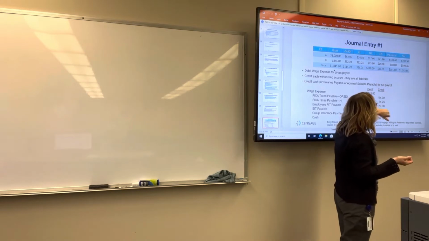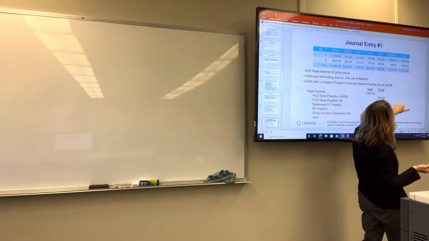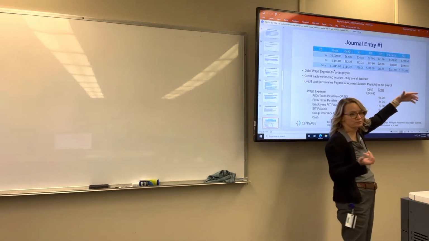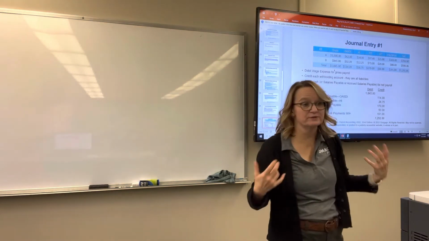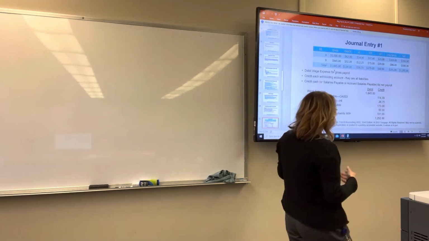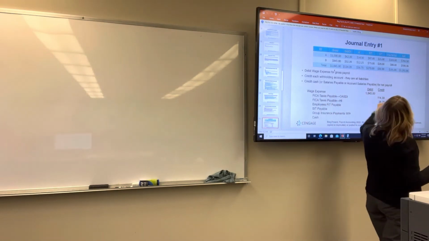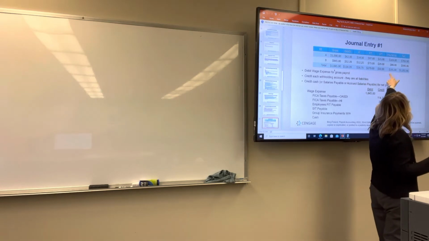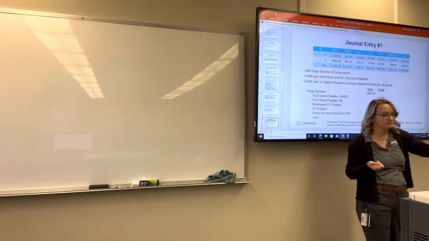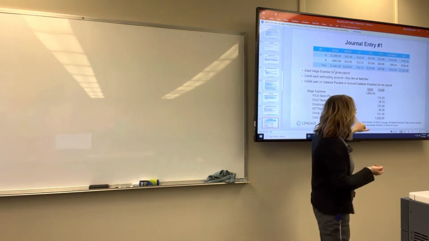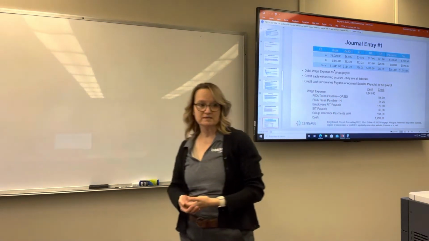Federal income taxes, $170. State income taxes, $50. And then our insurance, which of course is not a tax, but it is an amount being withheld. Any amounts being withheld from employee paychecks would be credits in this journal entry. Insurance total amount for all employees, $191. And then the net paycheck that's actually being issued to the employees is going to be our final credit entry, and that is going to be a credit to cash.